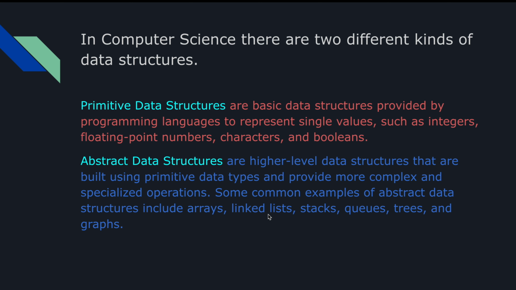Just like a linked list has two sections, first for the data, second for the address, and they are connected with the address values of each memory location. But we will see this later, don't be confused. You just have to keep in mind that abstract data structures are a little bit complex and built over the primitive data structures, and we will see it later.